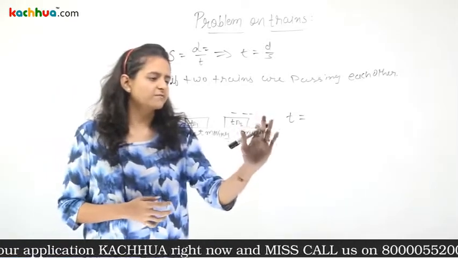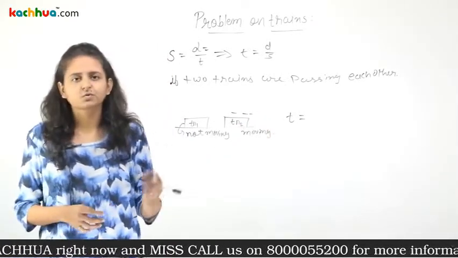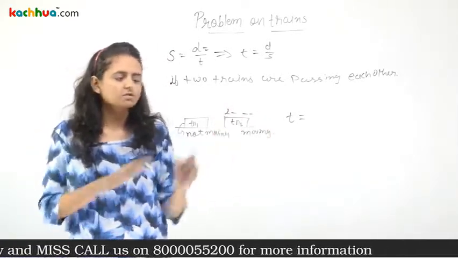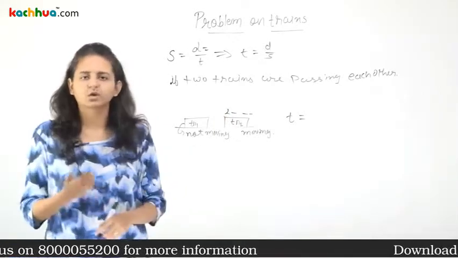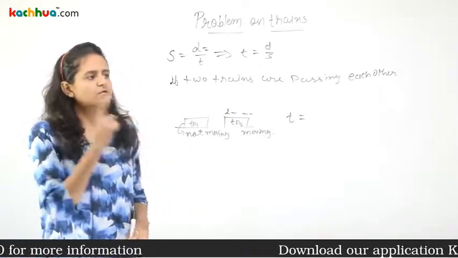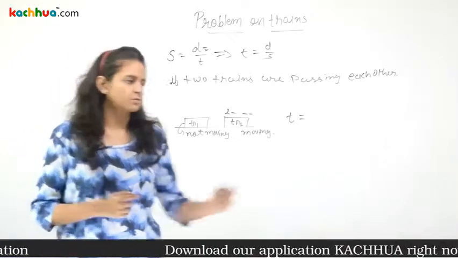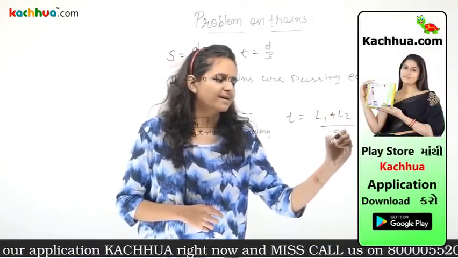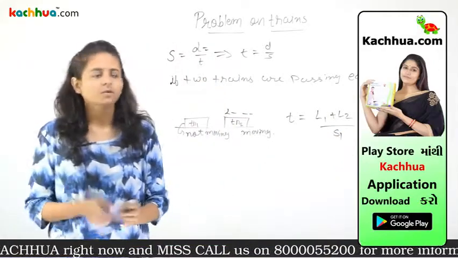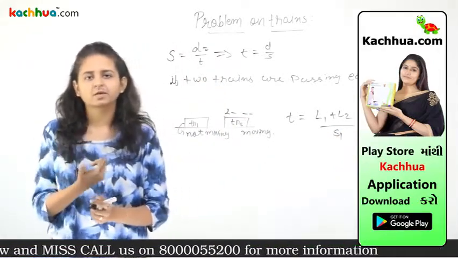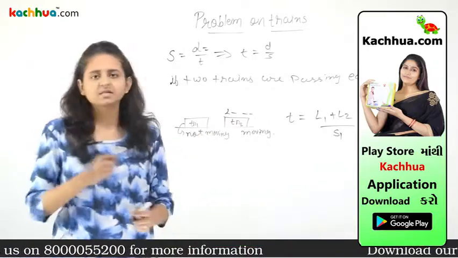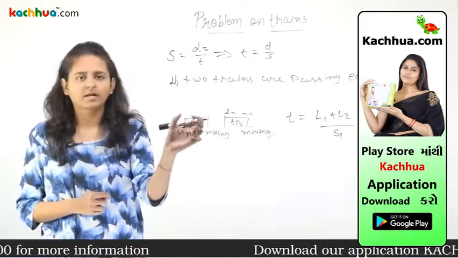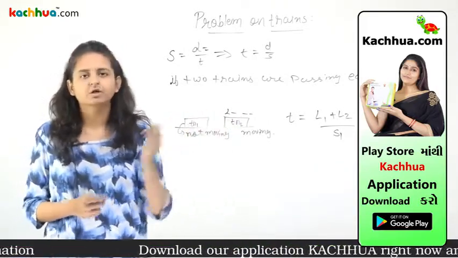Now, if train 2 is moving in this direction where train 1 is already there, the distance will be L1 plus L2 divided by S1. Why L1 plus L2? Because L1 is the length of train 1 and L2 is the length of train 2.